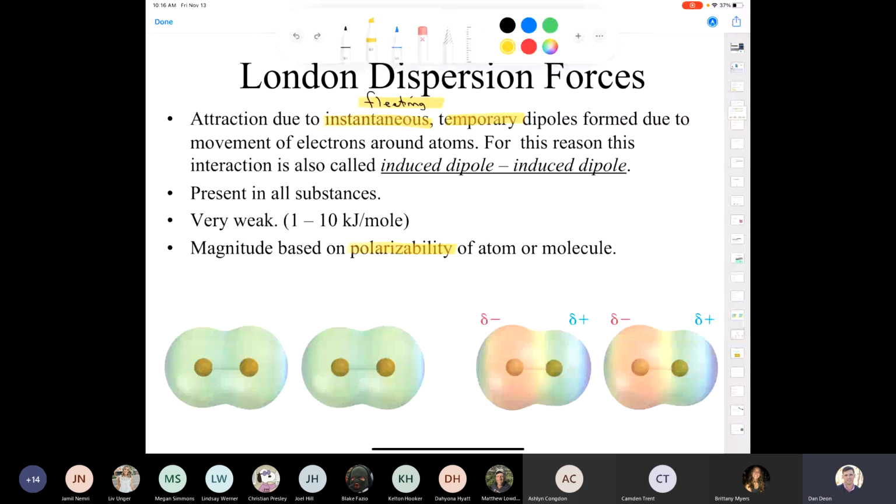London dispersion forces, dipole-dipole forces, ion dipole forces, hydrogen bonding. In order for you to really understand this material thoroughly, you've got to understand a lot of things. You've got to know things like nomenclature. You've got to know how to draw a Lewis structure. You've got to know how to determine when a molecule is polar or not. You've got to know molecular geometry.